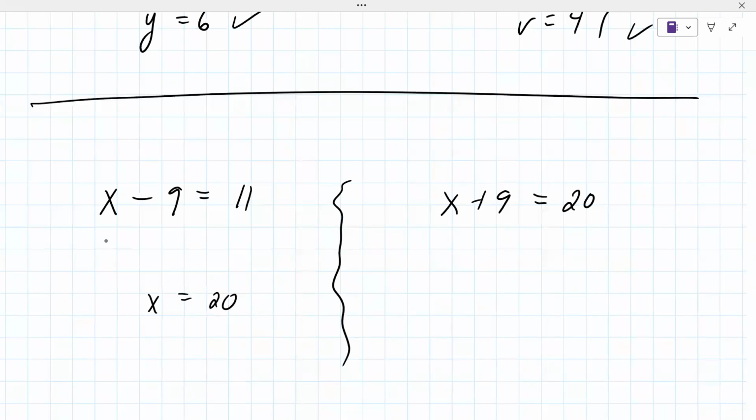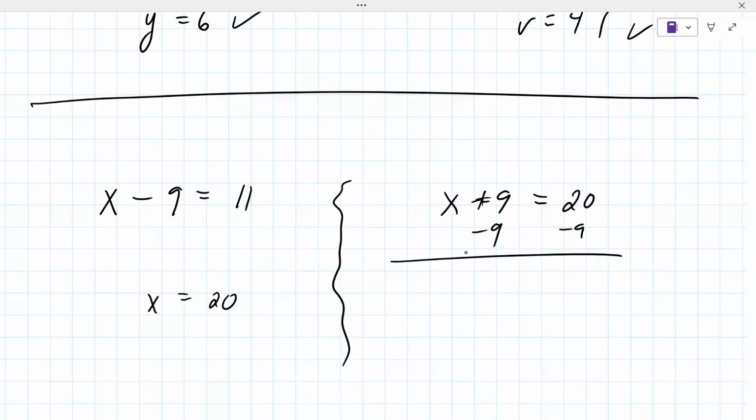Okay. How about on the right? I got 29. How do you undo addition? You subtract. So you're going to subtract 9 from both sides.